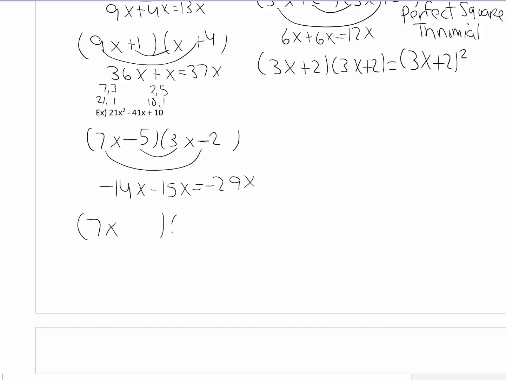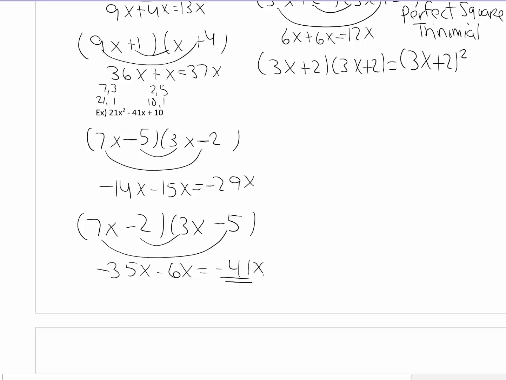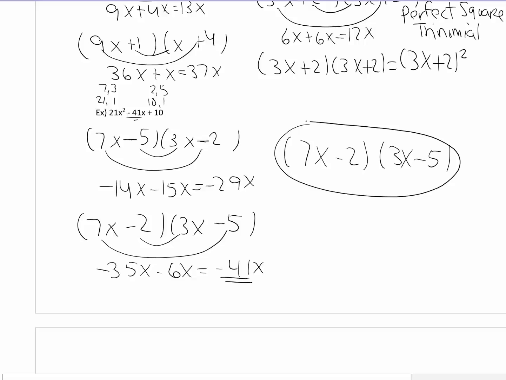So let's try 7x and 3x again. I'm going to switch the 2 and the 5. Do the outer and the inner. This matches up with the middle term here. So this factors as 7x minus 2 and 3x minus 5.